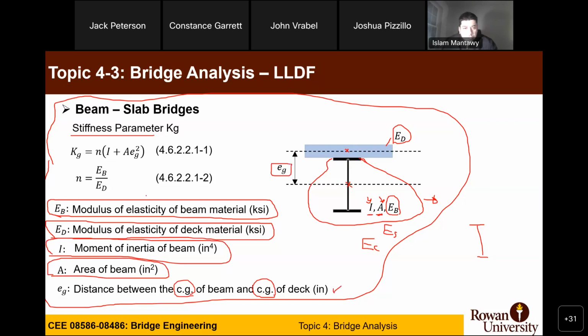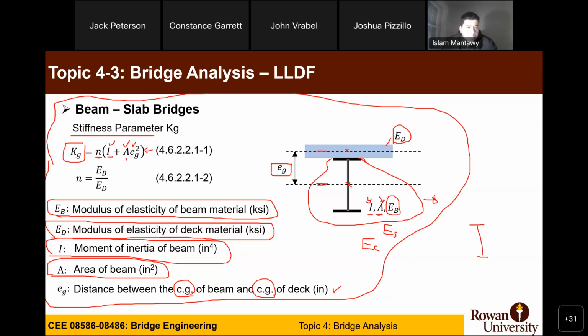And you can go to this equation and calculate the so-called stiffness parameter Kg. The stiffness parameter Kg equals N times (I plus A times Eg squared). So we know the inertia, we know the area, and we know Eg, which is the distance between the centroid of this bridge deck and the centroid of the girder.